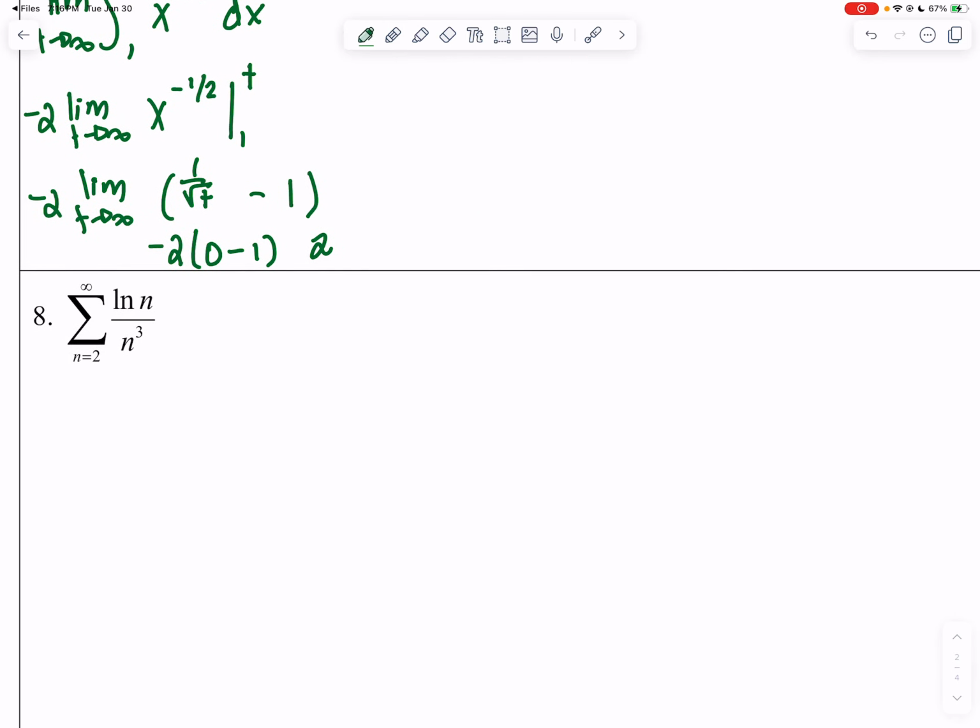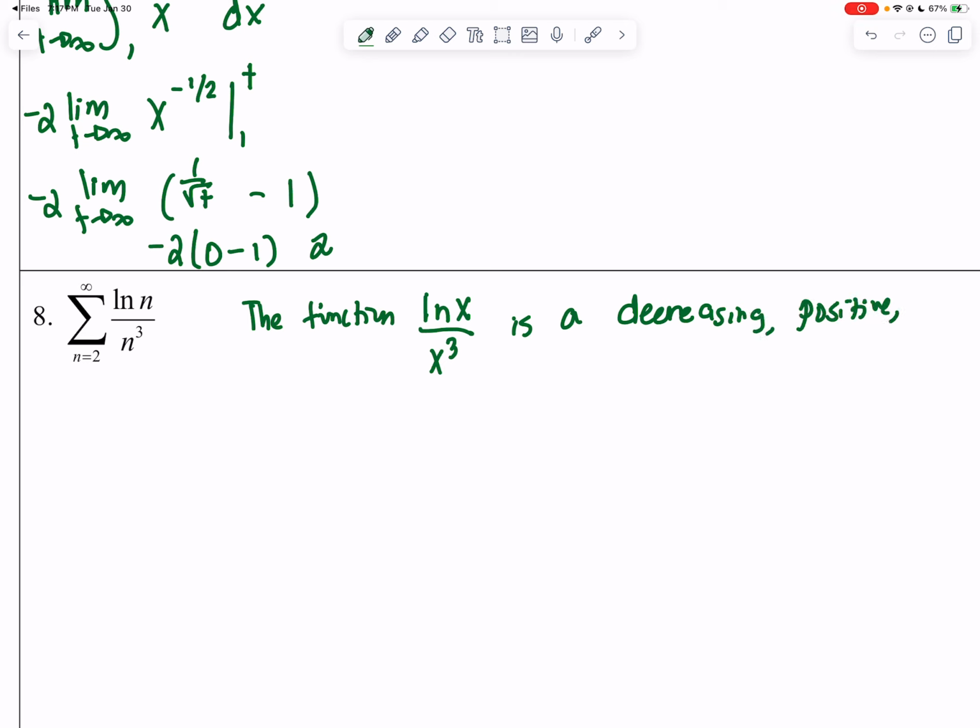But for now, for the sake of time, I'm going to say that the function ln of x over x to the third power is a decreasing, positive, and continuous function from 2 to infinity.